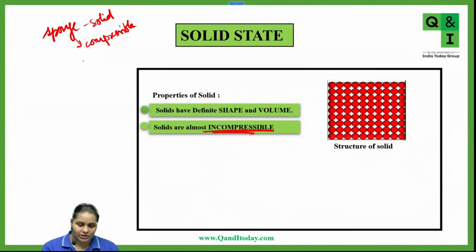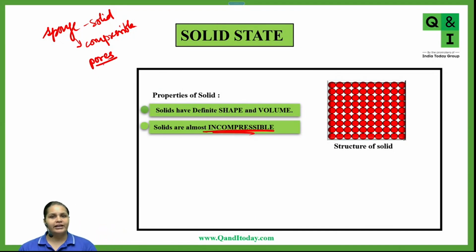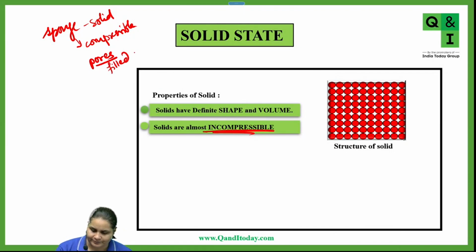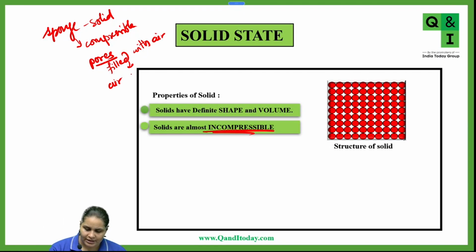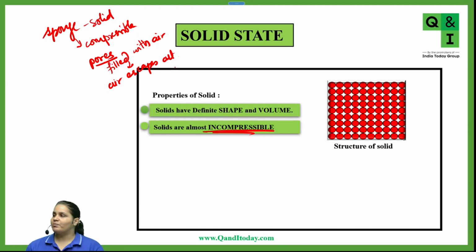First, you need to mention that sponge has very tiny, many pores, which are filled with air. And when we press it, the air escapes out and the sponge gets compressed.